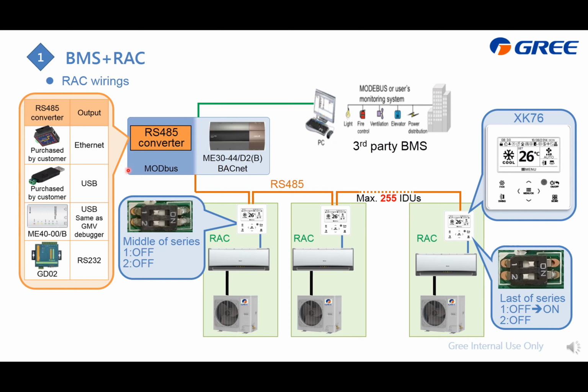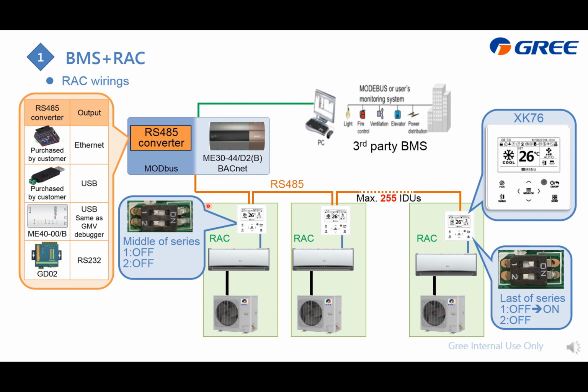As the PC cannot recognize the RS485 signal, we need an RS485 converter if the protocol is Modbus. And if your protocol is BACnet, you need to apply this ME30 to change the signal from Modbus to BACnet. Then the PC or the BMS system can control all these 3 RACs in this case.